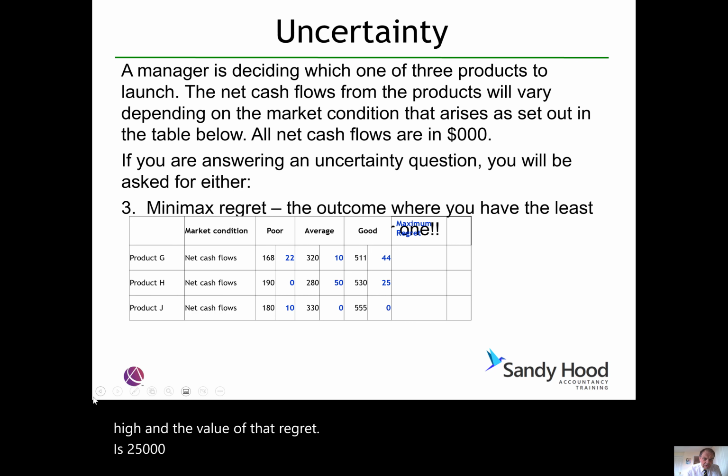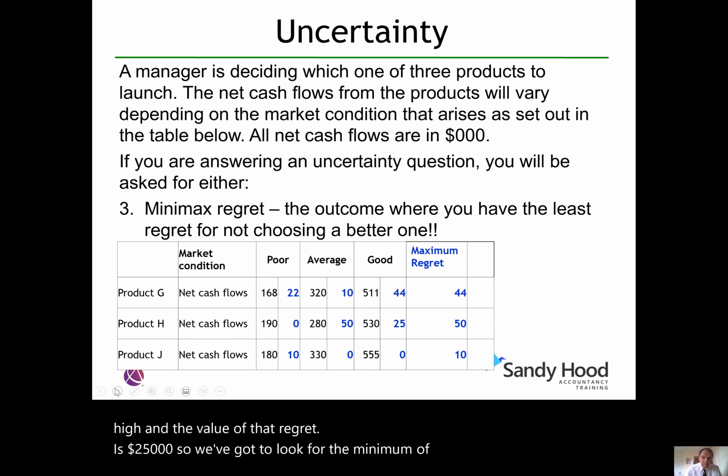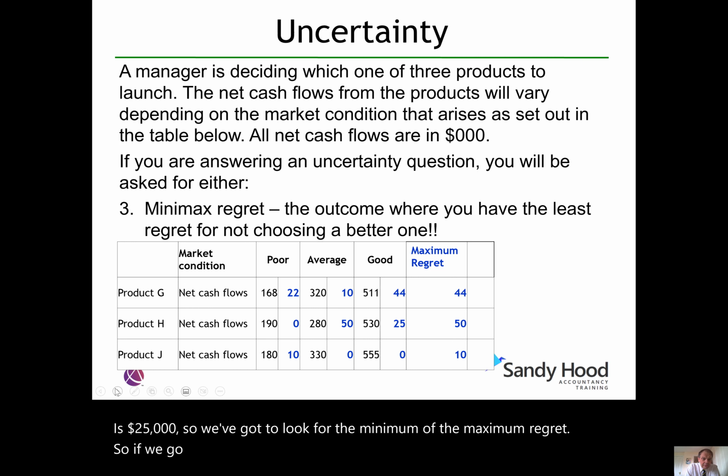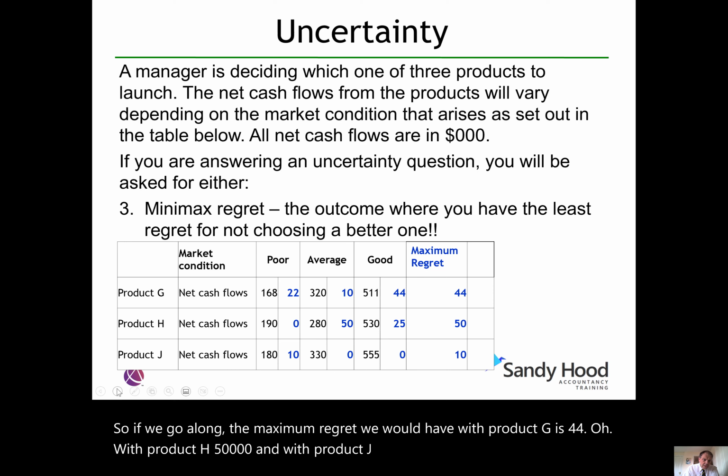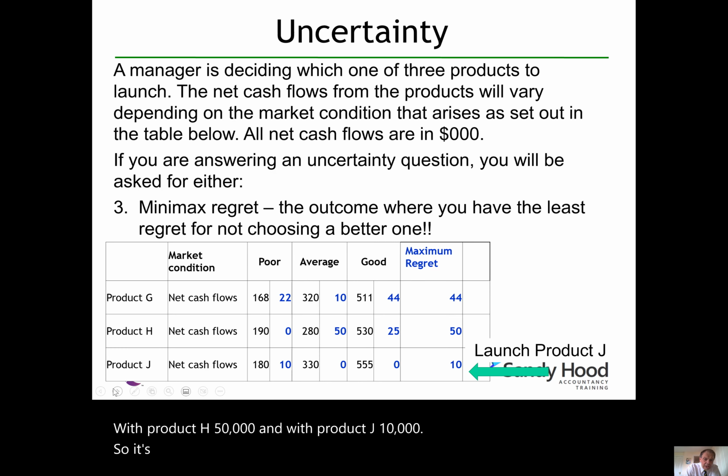So we've got to look for the minimum of the maximum regret. The maximum regret we would have with product G is 44,000, with product H 50,000, and with product J 10,000. So it's product J that has the lowest maximum regret, and using this decision we would launch product J.